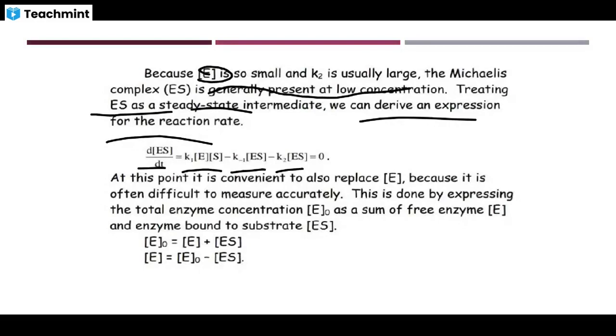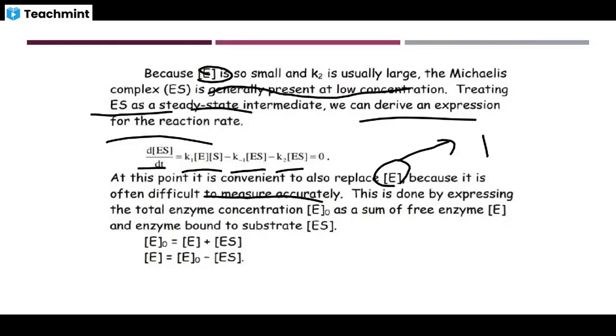At this point, it is convenient to also replace E because it is often difficult to measure accurately. The enzyme concentration is difficult to measure accurately because it is not the initial concentration of enzyme. When the reaction is going, the free enzyme is also very small. So after the reaction is going, you cannot take E to mean the enzyme concentration while the reaction is going on.